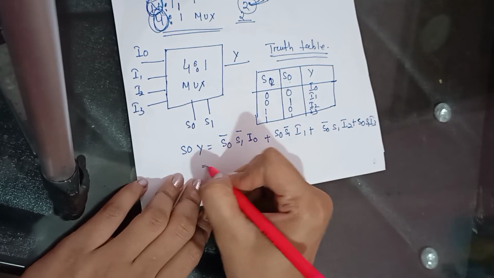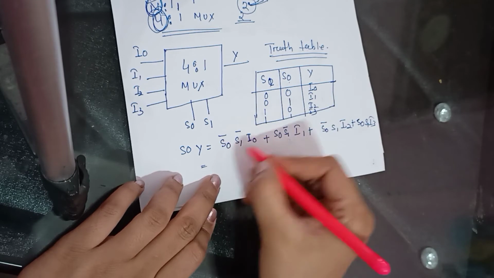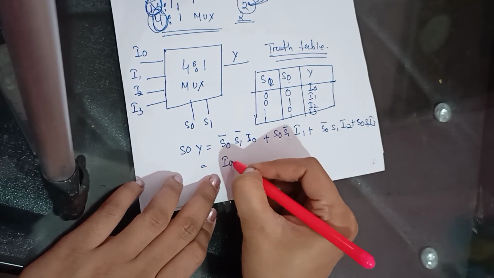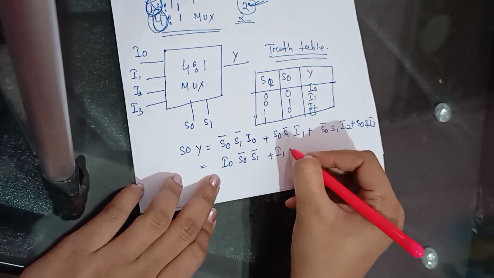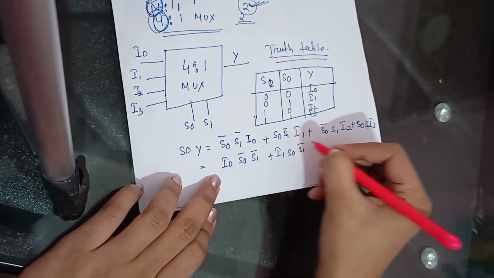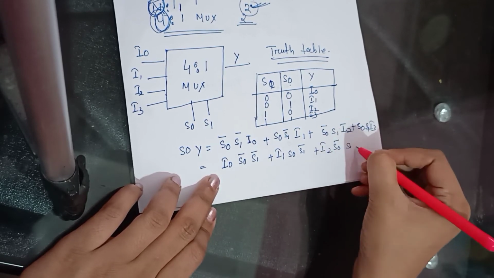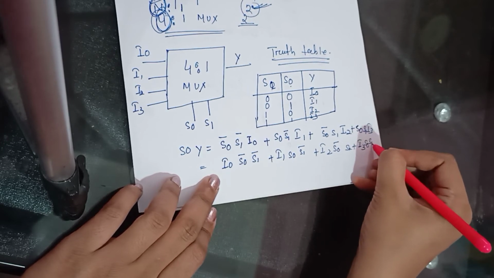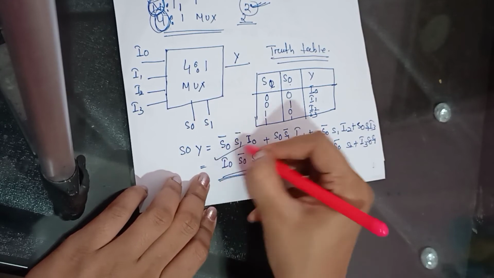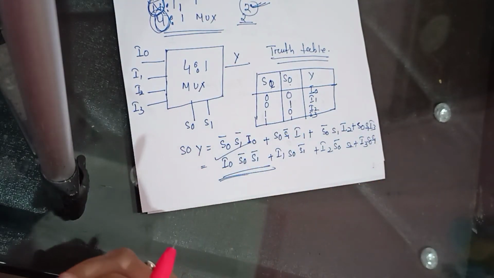You can also write this according to their order. If we write according to order, then Y is equal to I0 S0 bar S1 bar plus I1 S0 S1 bar plus I2 S0 bar S1 plus I3 S0 S1. This is your final output of your 4:1 MUX.